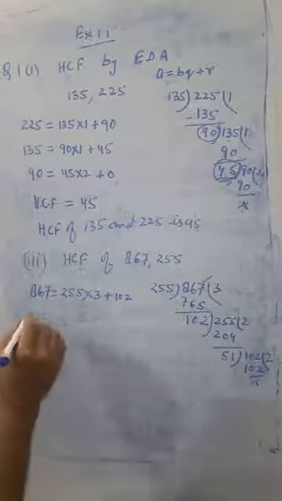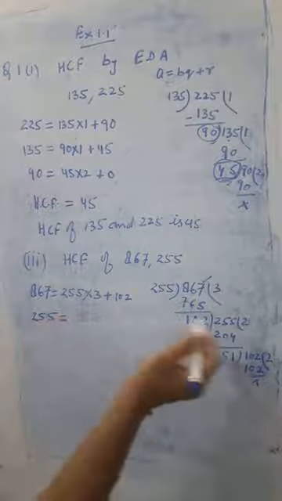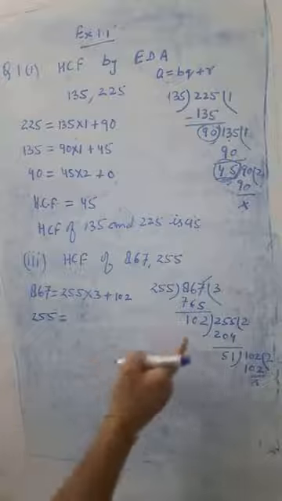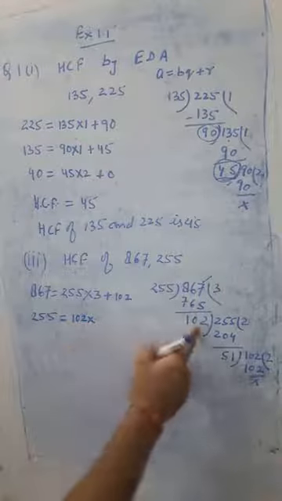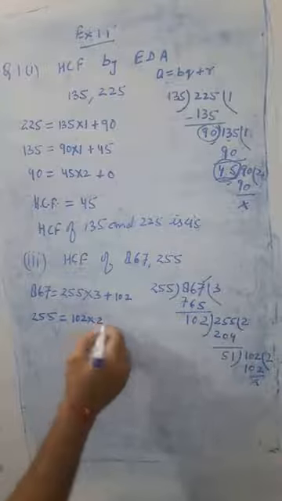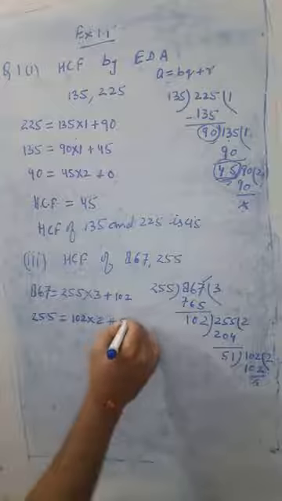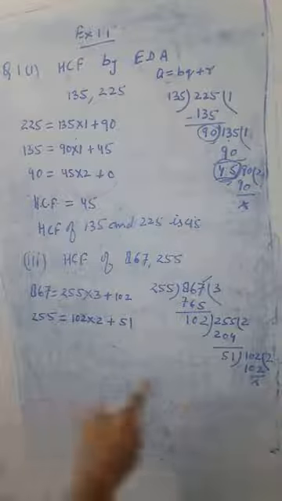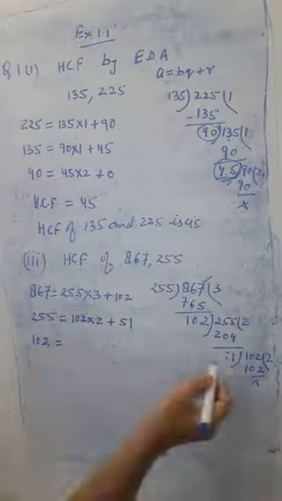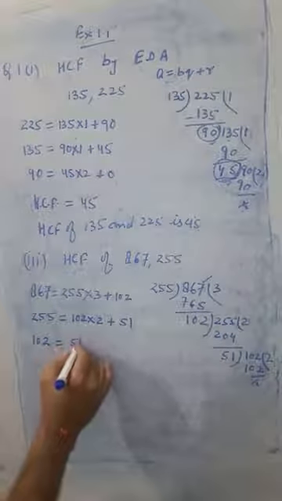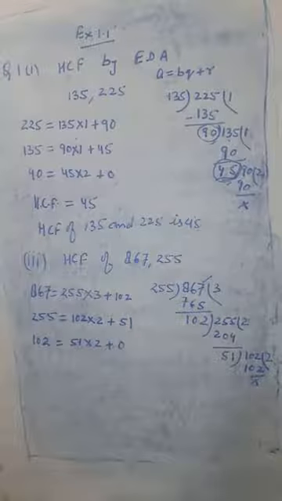Again 255 second dividend, now 102 second divisor into 2 second quotient plus 51, that is the remainder. Again we can write 102 as 51 into 2 plus remainder is 0.